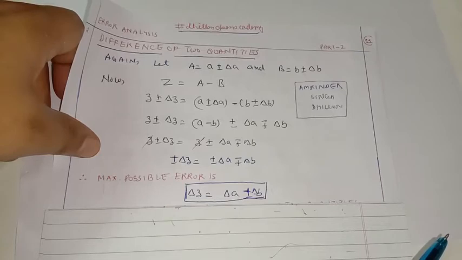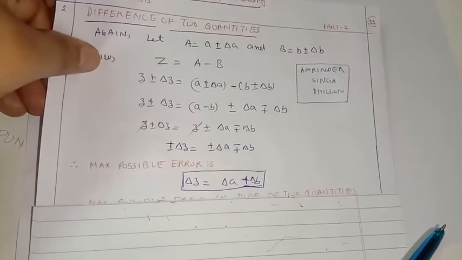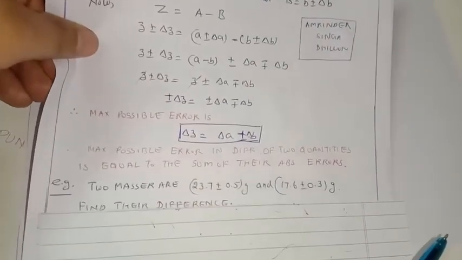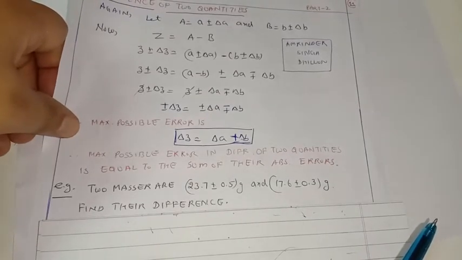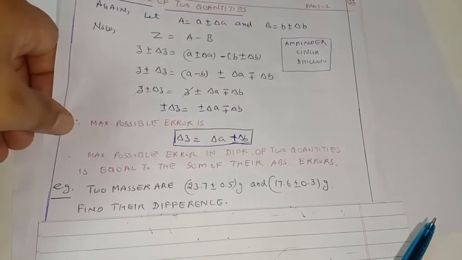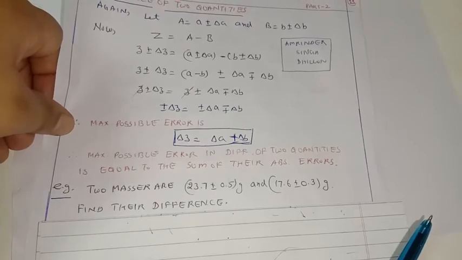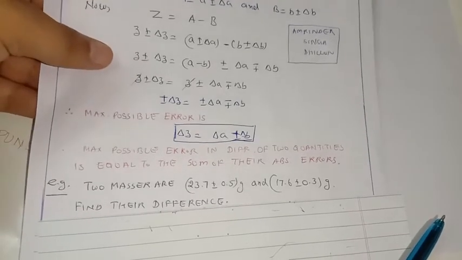So even when the quantities are being subtracted, their absolute parts will subtract, but the absolute error in the result is always equal to the sum of the absolute errors present in the individual quantities. A simple example: two masses are 23.7 plus minus 0.5 gram and 17.6 plus minus 0.3 gram. We have to find their difference.